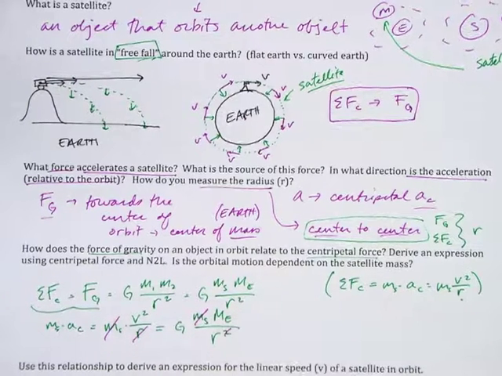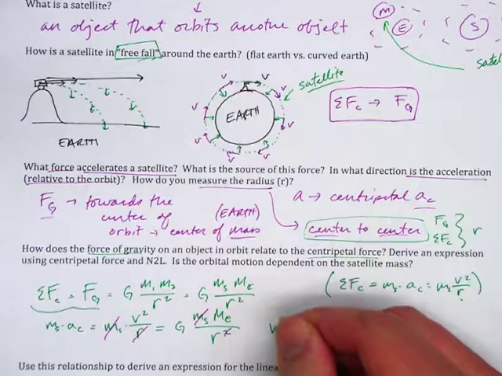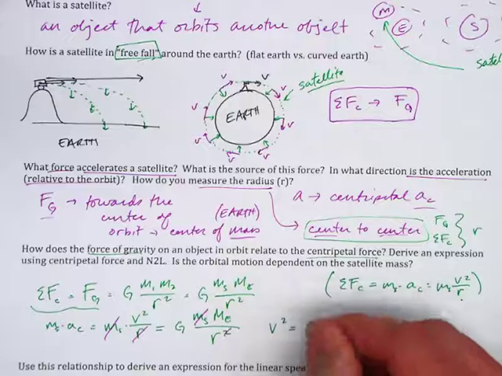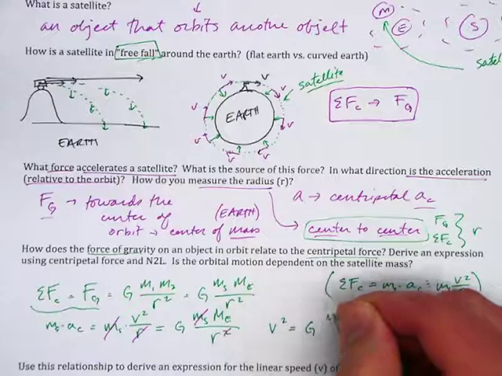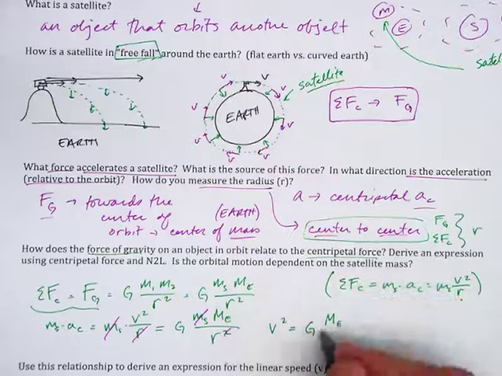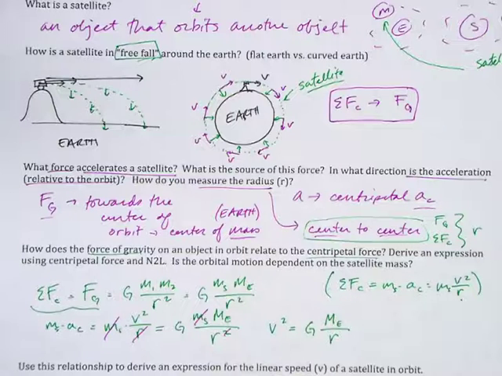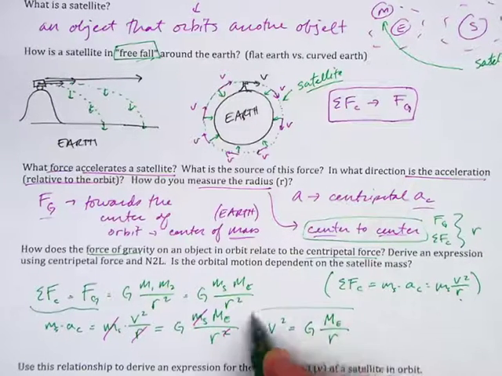So what we're left with is this expression where the speed squared of a satellite is equal to the universal gravitational constant, the mass of the Earth in this case, which is the object being orbited, and the radius of the orbit, or the distance center to center between the satellite and the object that's being orbited, which is the Earth.